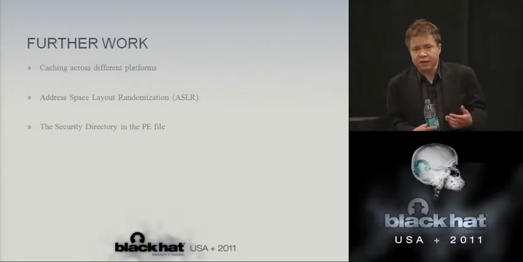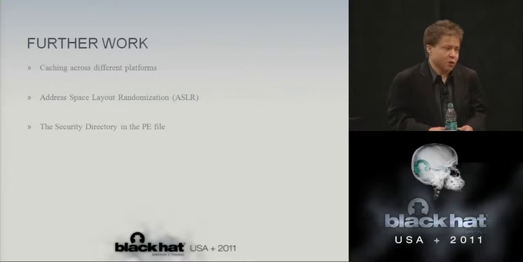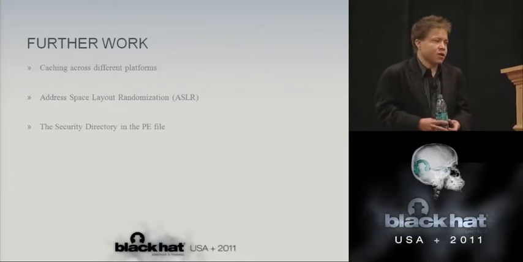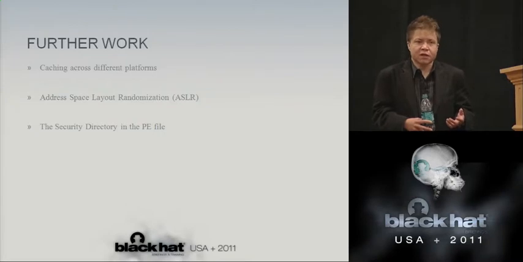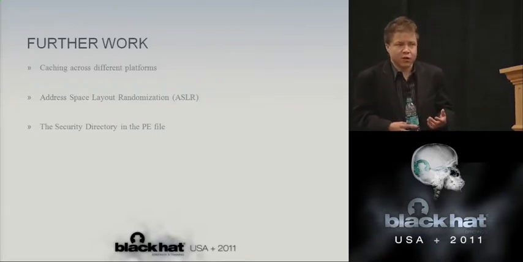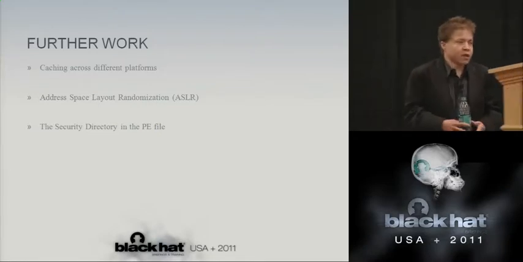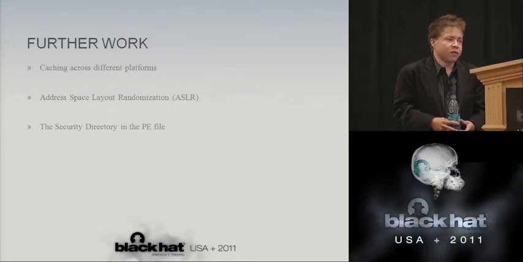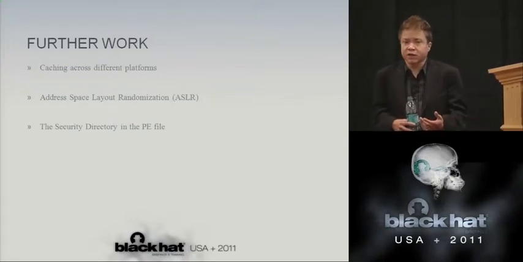The relocation section is a fix-up, basically. Says, if you didn't load here, here's all the places that you have to go fix up. So this doesn't occur very often in 32-bit OSs because Microsoft likes to load where they request to be loaded, and other applications do as well, unless there's a collision.